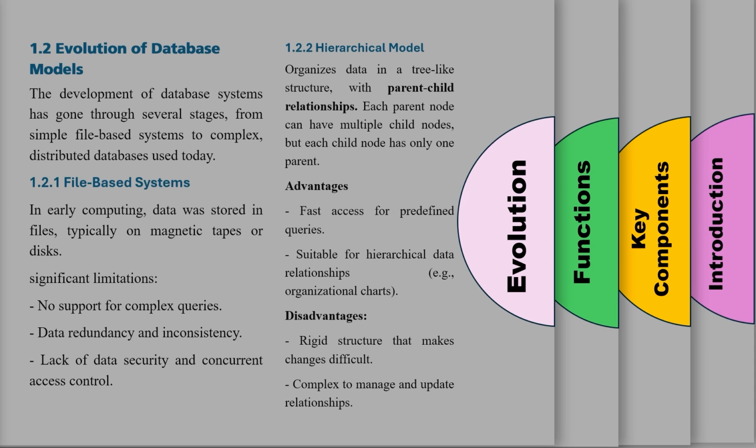The development of database systems has gone through several stages, from simple file-based systems to the complex distributed object-oriented models we are using today. So what is a file-based system? In early computing, data was stored in files, basically on magnetic tapes or diskettes.